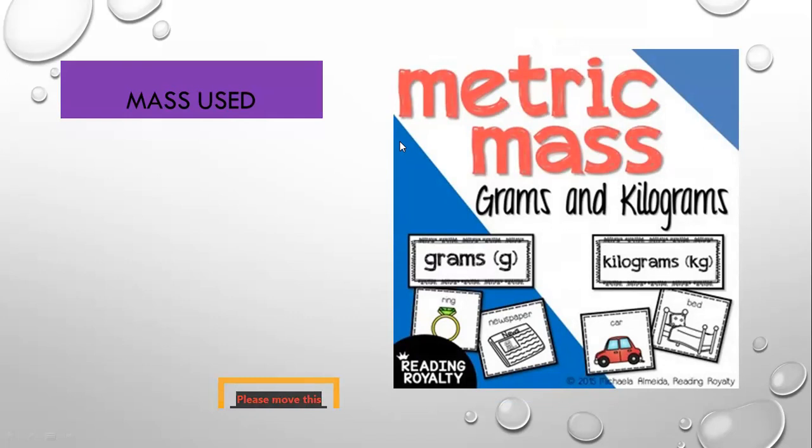Like in the picture, rings, calculators, newspapers are light, so we measure them in grams, whereas a car and a bed are heavy, so we measure them in kilograms. So we have these units. Gram is smaller and kilogram is bigger. So kilograms are heavier than grams.